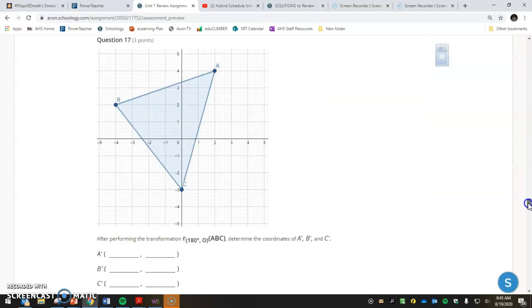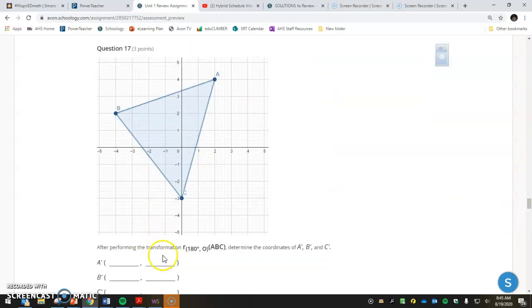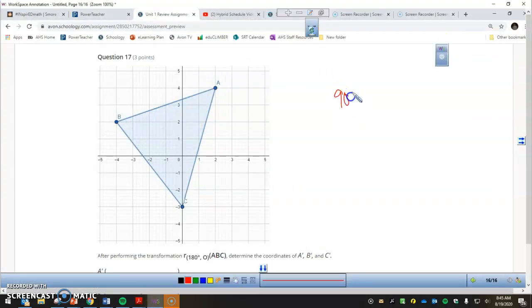Question 17 says, after performing the transformation, rotating 180 degrees about the origin, determine the new coordinates of A prime, B prime, C prime. So we talked about how if it's 90 or 270, you have to switch the numbers around and then figure out what quadrant they end at, and then determine if they should be negative or positive.